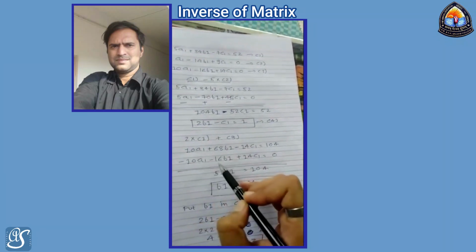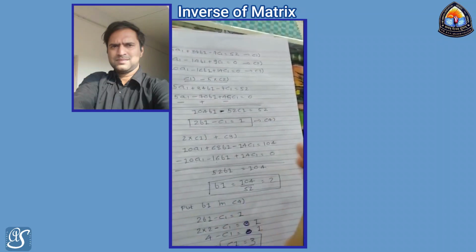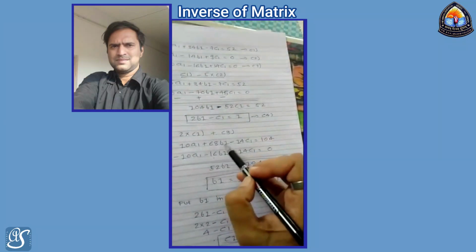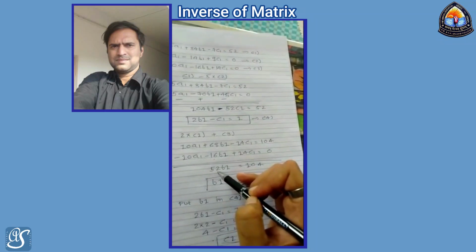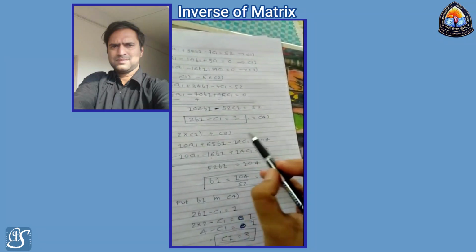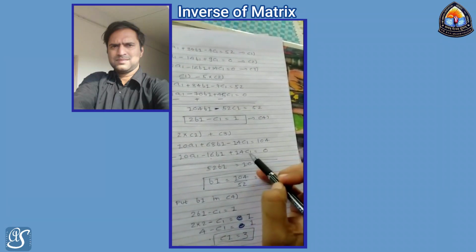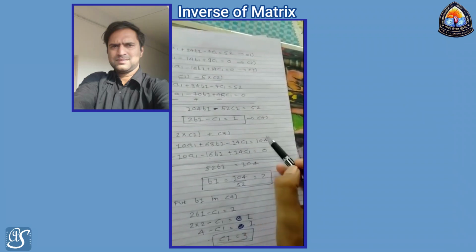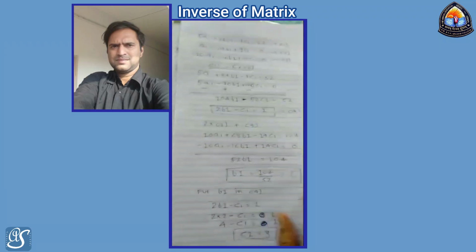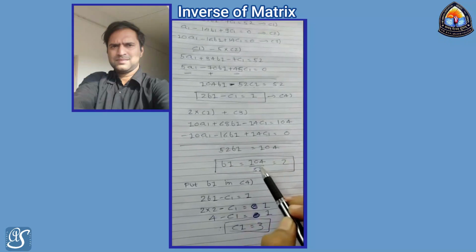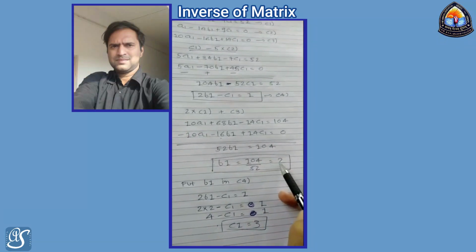Minus 10A1 minus 16B1 plus 14C1 is equal to 0. So 68B1 minus 16B1 is equal to 52B1, minus 14C1 plus 14C1 is 0. Now it is equal to 104 minus 0, 104. So B1 is equal to 104 upon 52, which is equal to 2.